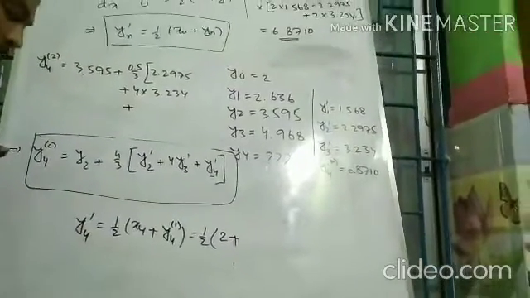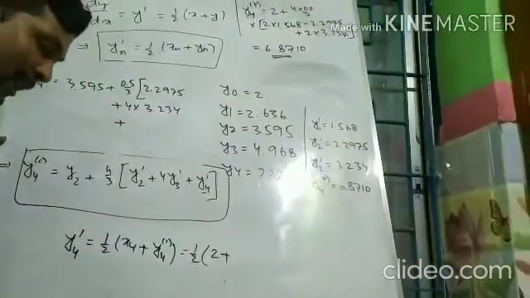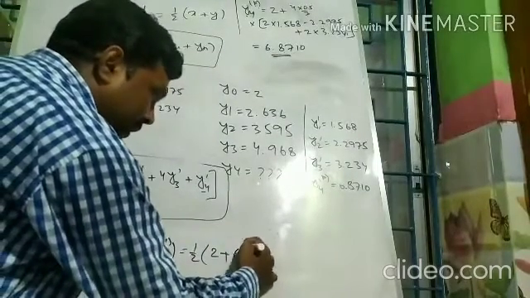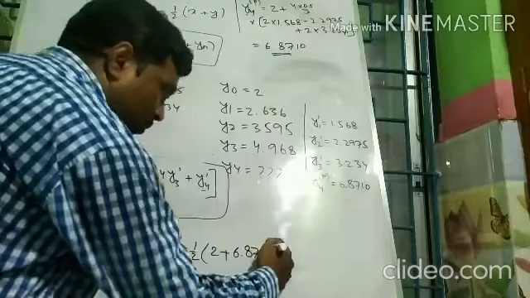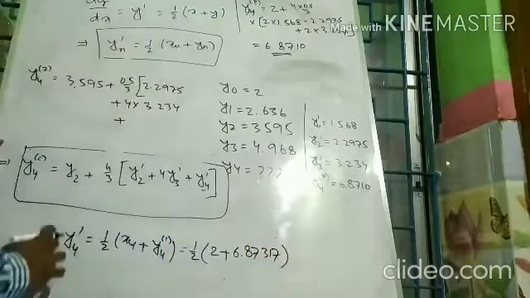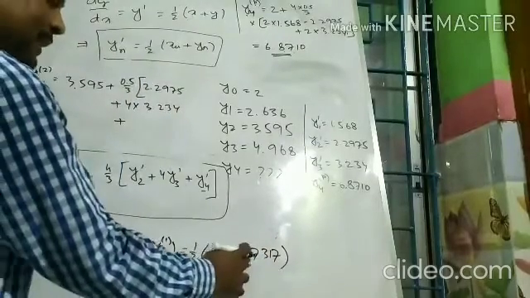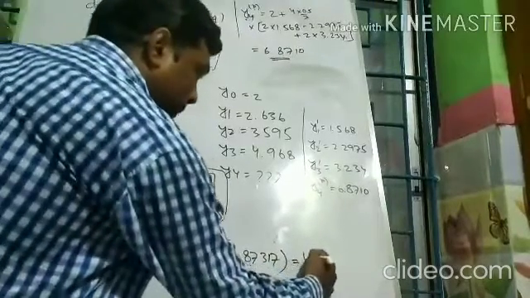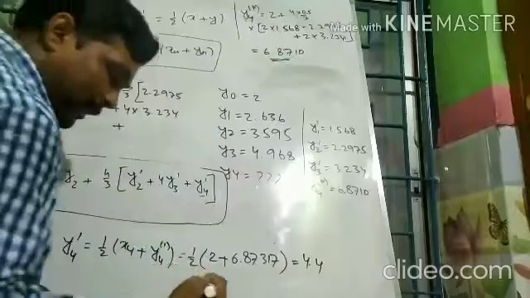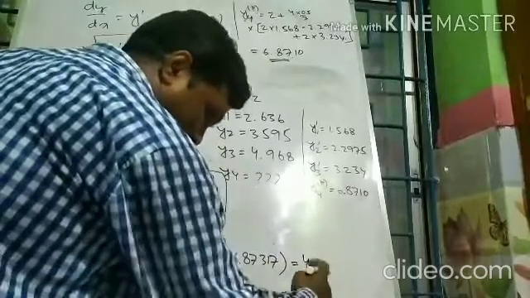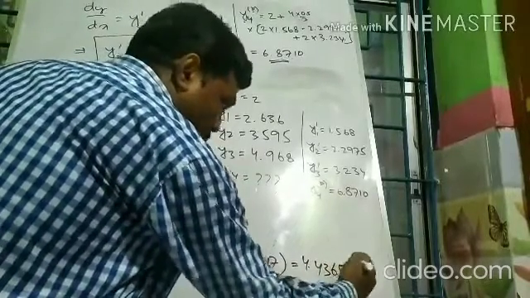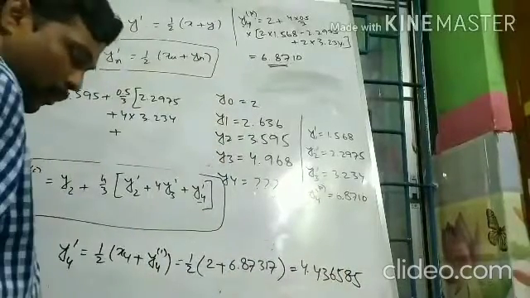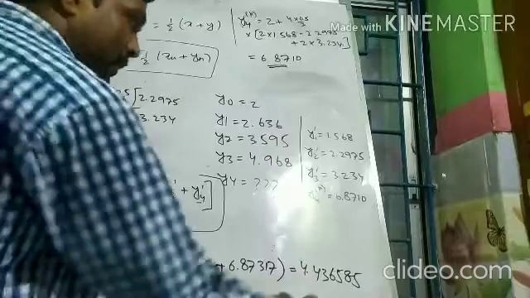What is y4 1? y4 1 is 6.87317. So y4 prime equals half 2 plus 6.87317, which equals 4.436585.